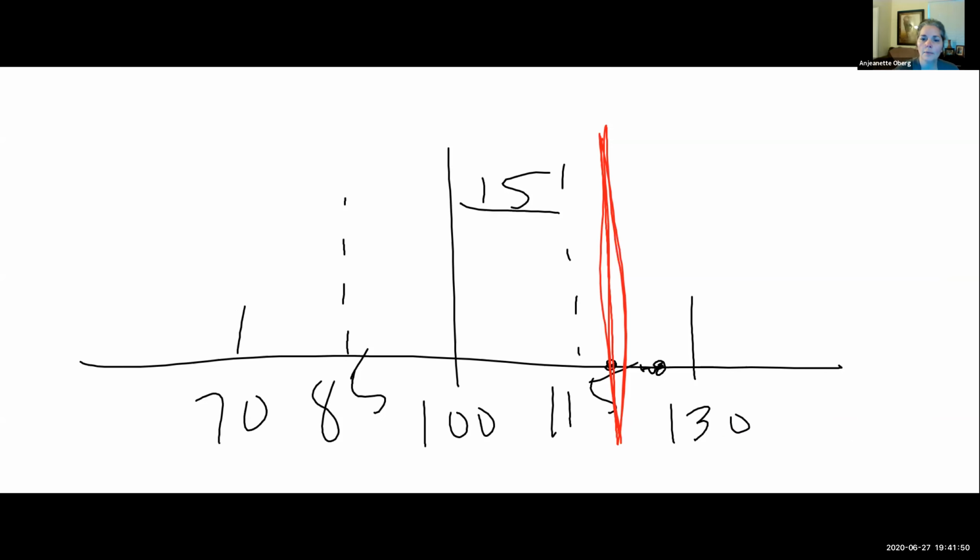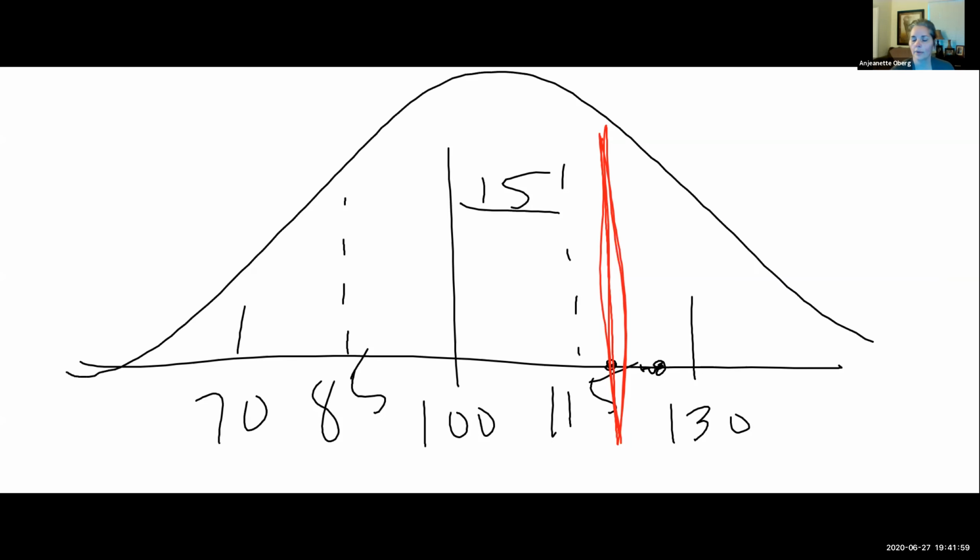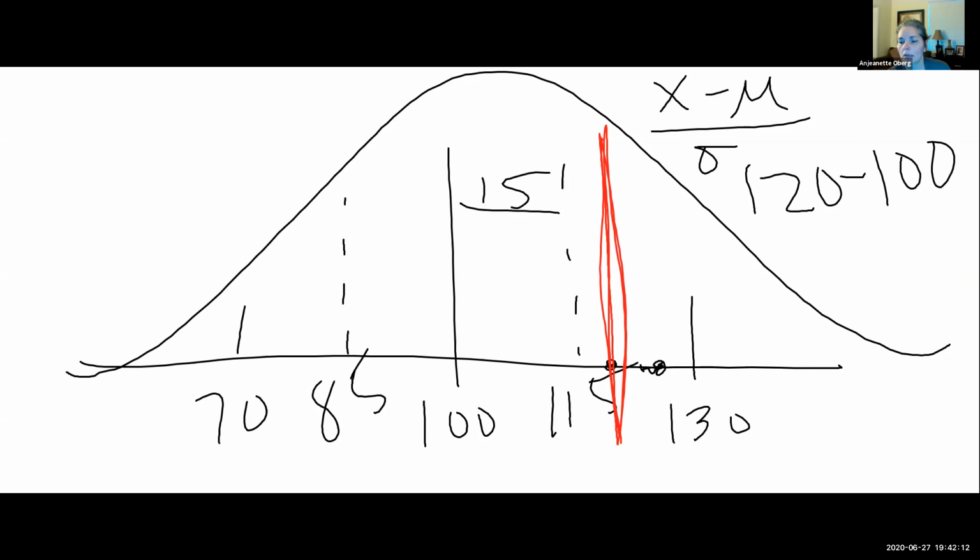Okay, so let's go back and put that normal distribution back. Now we're looking at X minus the mean divided by the standard deviation, which is going to be 120 minus 100 divided by 15, which is 20 divided by 15.